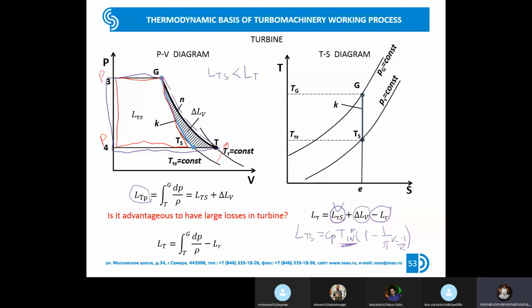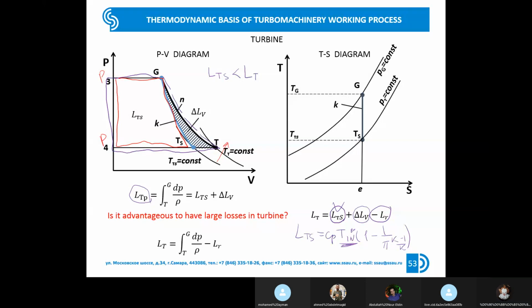So in the compressor, the flow comes through diffuser channels. In the turbine, the flow comes through confuser channels. In the diffuser, the thickness of the boundary layer and the probability of separation are much higher than in the confuser channel.